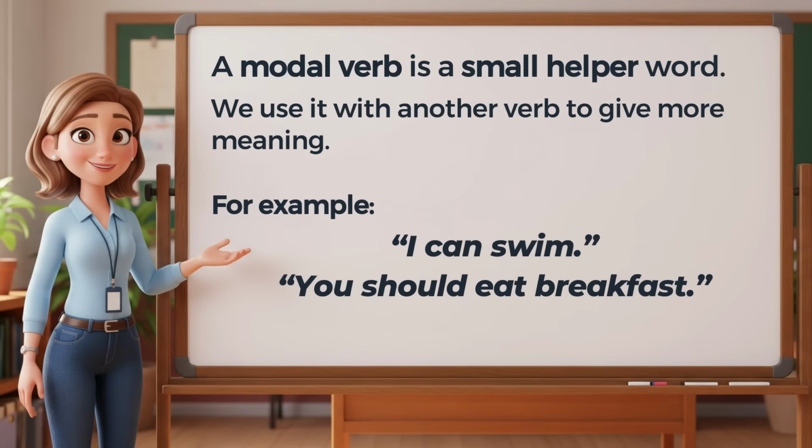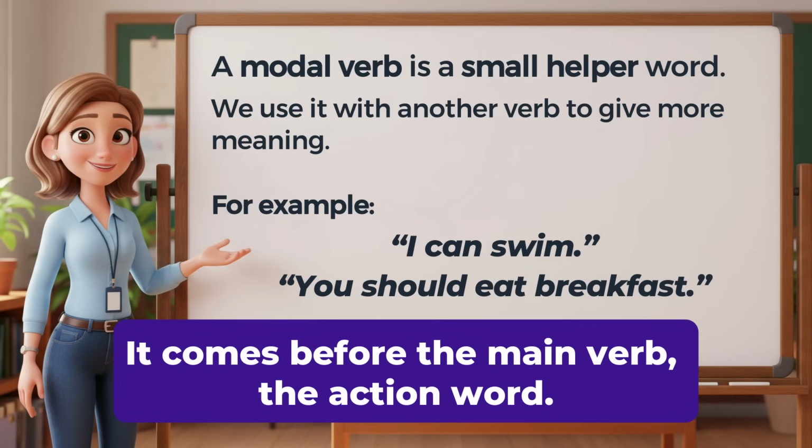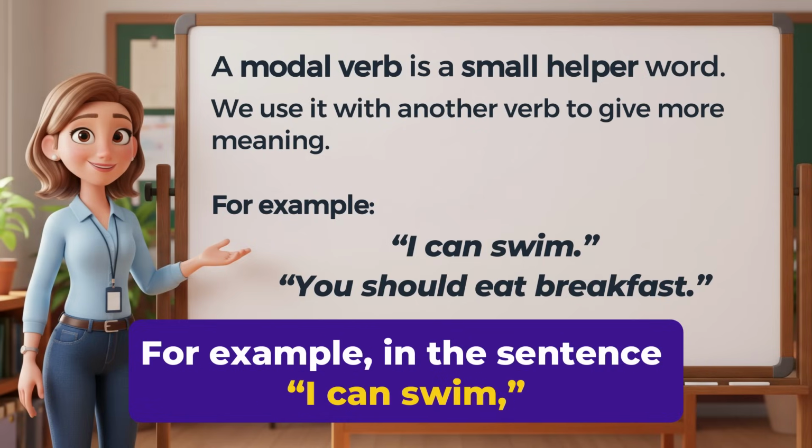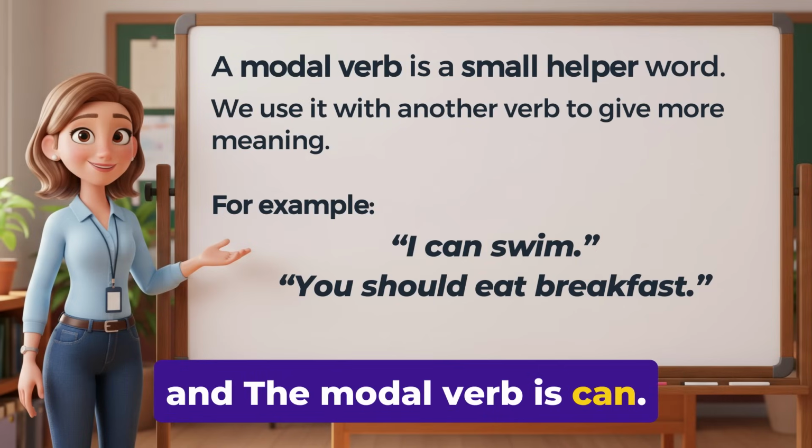You should eat breakfast. The modal verb is like a little helper. It comes before the main verb, the action word. For example, in the sentence, I can swim, the main verb is swim, and the modal verb is can.